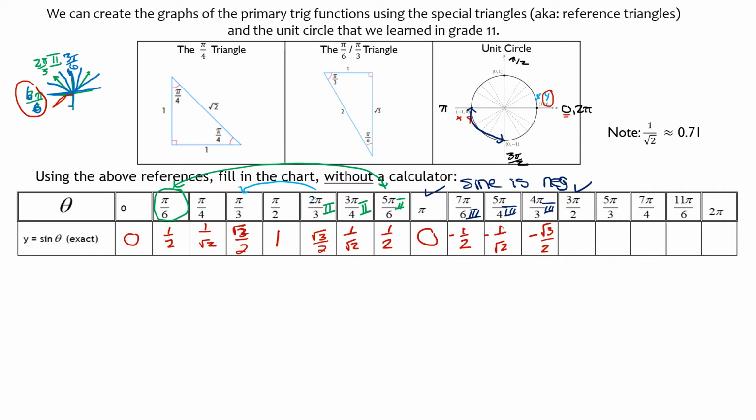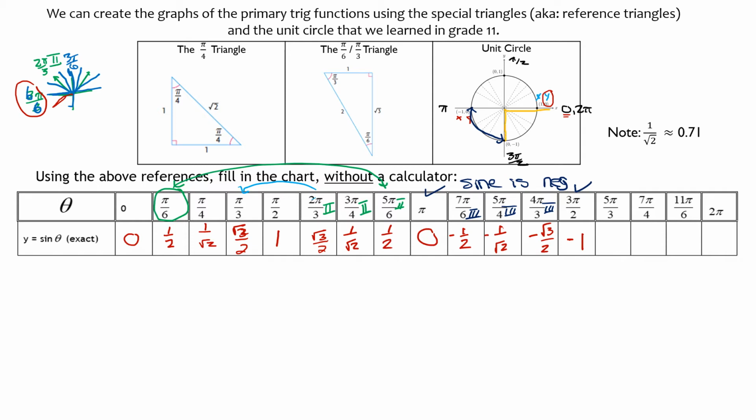3 pi over 2 is down at the bottom here. That's 270 degrees. Sine is the y value, which is -1. So -1. 5 pi over 3. Everything up until 2 pi, I'm looking at the last quadrant here.